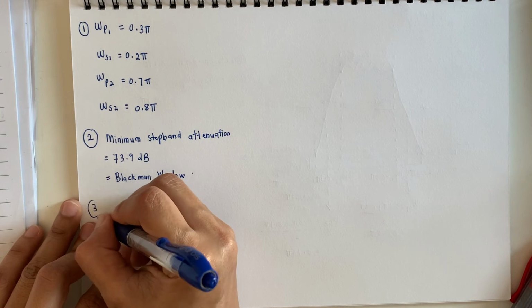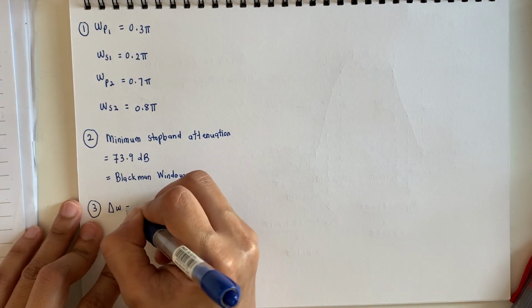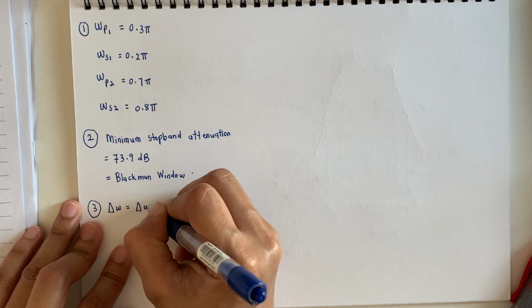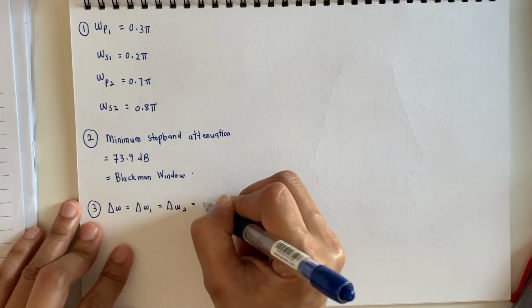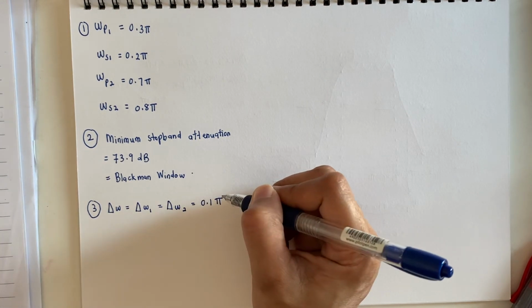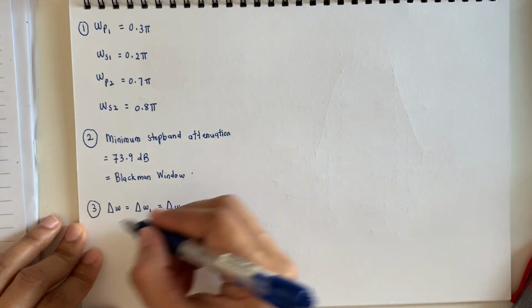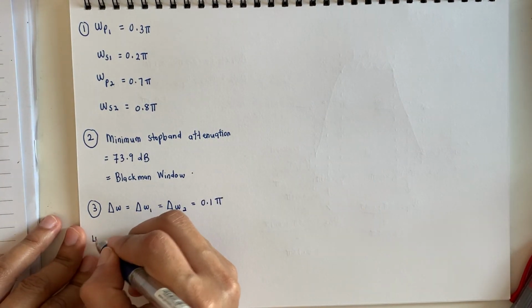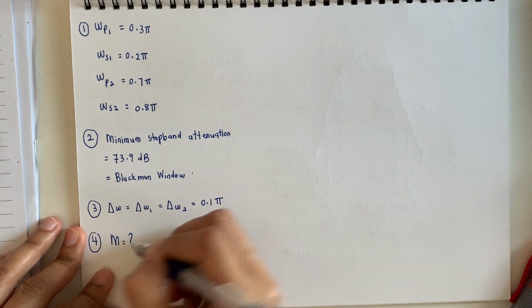Next, in step number 3, you need to determine your delta omega. So you have 2 delta omega values, but for both it is 0.1 pi. Next, what you have to do is you need to determine your capital M value.